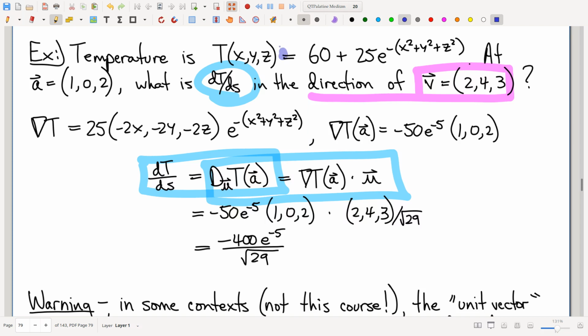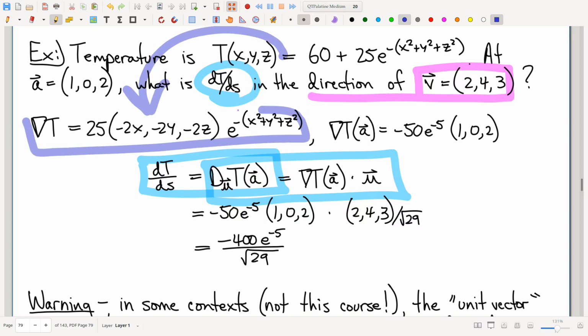So you're going to have to take the appropriate partials to get that gradient. You're going to have to plug in the point where that's evaluated. All right, compute. And then, as before, just a dot product with the unit vector.